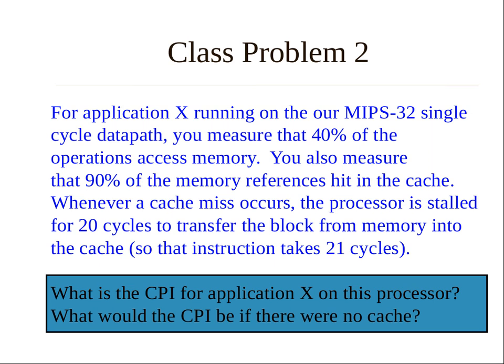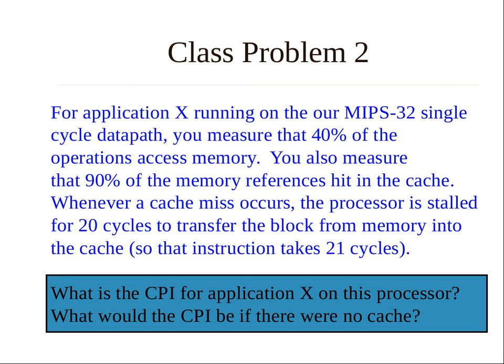Where are you getting the 0.4 from? The 40% that access the memory. Okay. Oh wait, that says for the cache though. Never mind. How many cycles does it take if it hits the cache? It would take 2 cycles because you have to load it and then get it into your register.